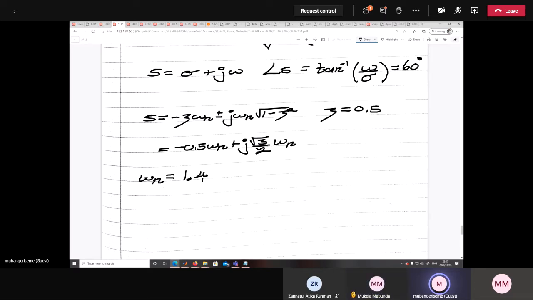Now, if I put this in here, do I get the right thing? I should. There's no reason I shouldn't. I get 1.21. So now how do they arrive at an omega n value equal to 1.4?